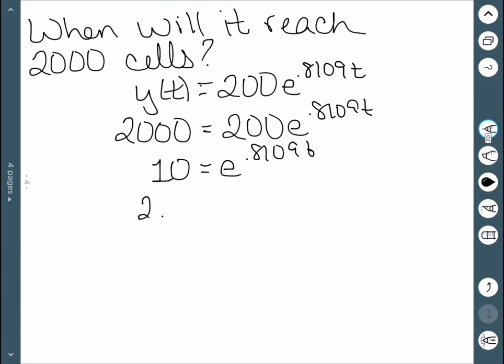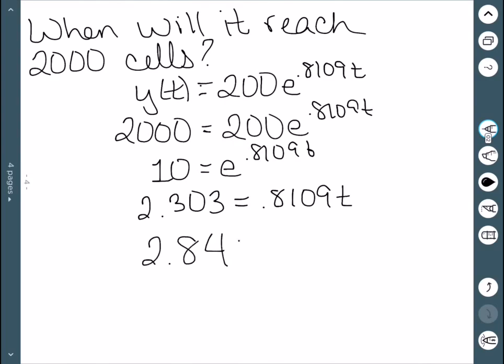This gives us approximately 2.303 equal to 0.8109 t. And then we can divide, and we get approximately 2.84. So our population will be 2,000 cells in about 2.84 hours.